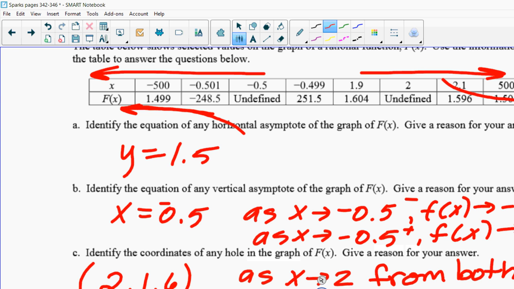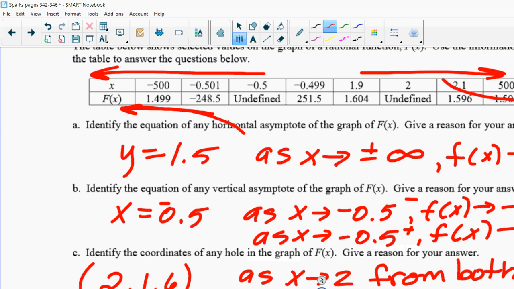Give a reason for your answer. You have a horizontal asymptote when f of x approaches 1.5 as x approaches, now you can do this, plus or minus infinity.